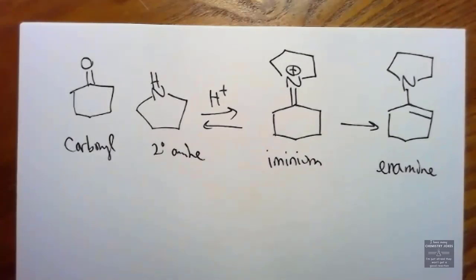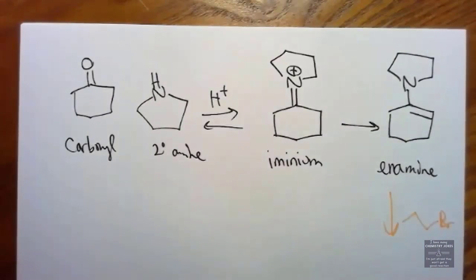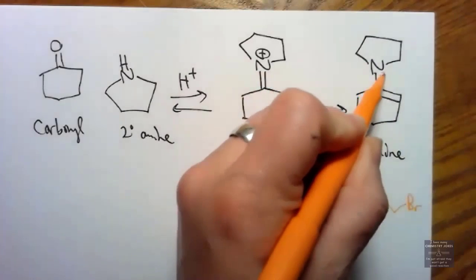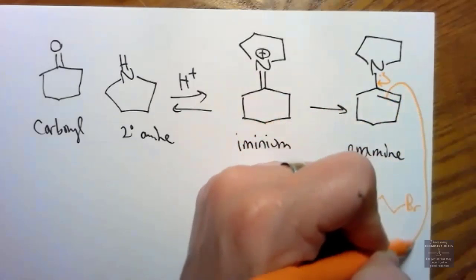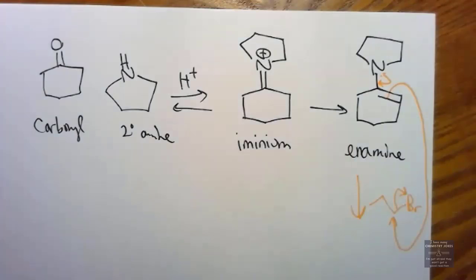The slide says enamines are synthetic equivalents of enolates. What does that even mean? It means that if I now add a good SN2 substrate, I can get that thing added to my alpha carbon. Yeah, really. Nitrogen folds down and kicks out to attack that carbon with your Br.